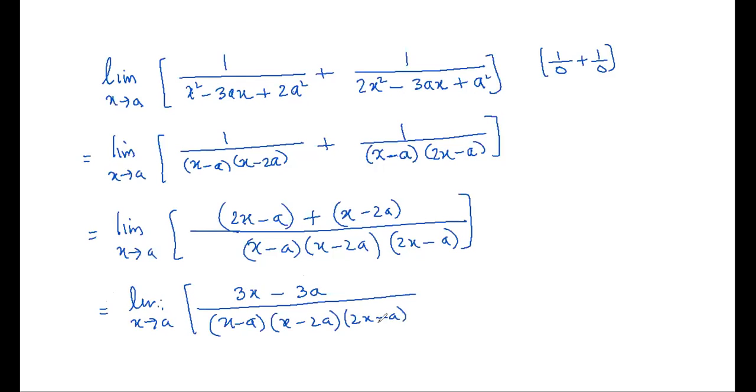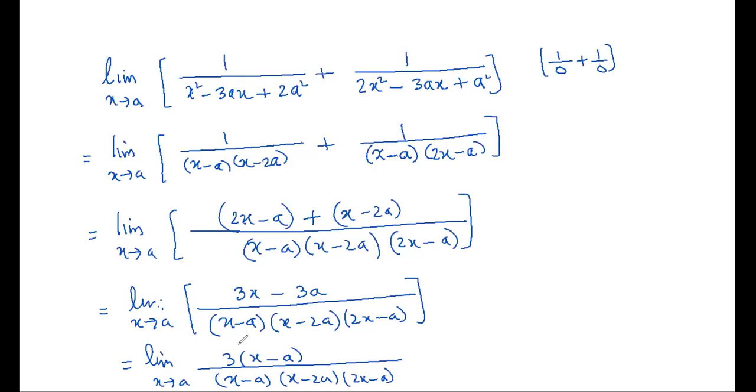We have x minus A here, but we can't see x minus A over here. So we take 3 common. So x minus A got cancelled. Now replace x by A.